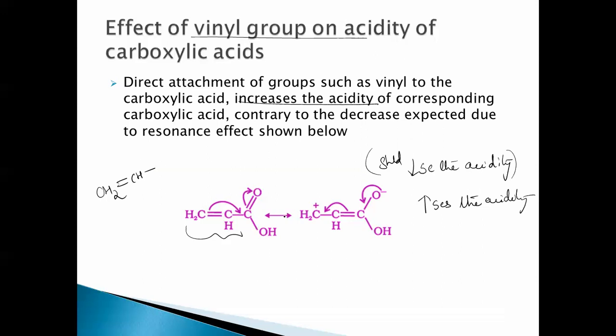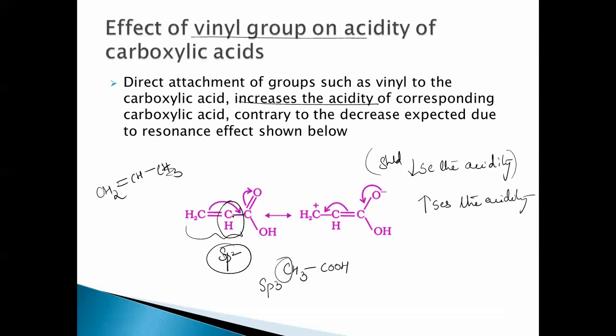acidity. Why? Because if you see here, the carbon which is attached to the carboxylic acid group is sp2 hybridized. That means if you see in acetic acid, here, this carbon which is attached to the carboxylic group is sp3 hybridized. We know that sp2 hybridized carbon atom is more electronegative. So if it is more electronegative, it will keep the shared pair of electrons towards it.